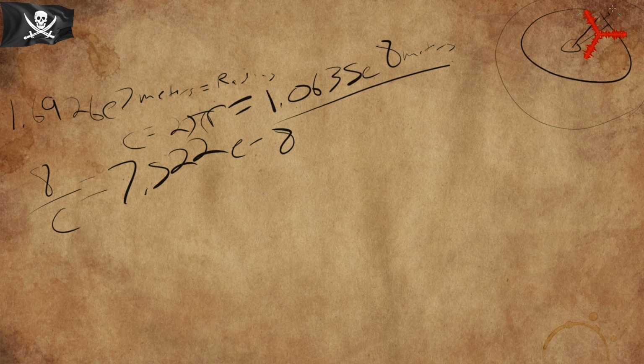Okay, we can use this because this should be the same ratio to this circle as it is to this circle, because they're the same kind of shape. What do I want to find?